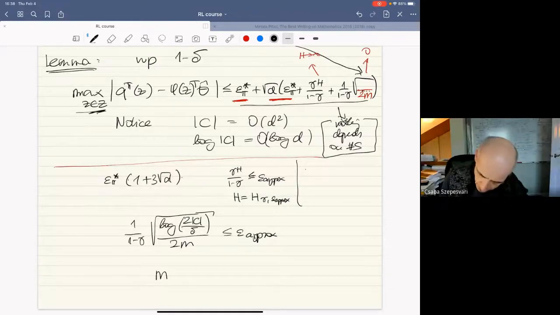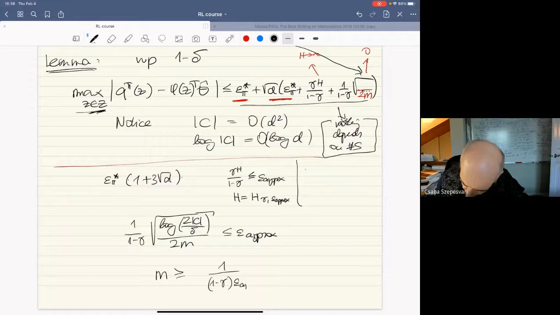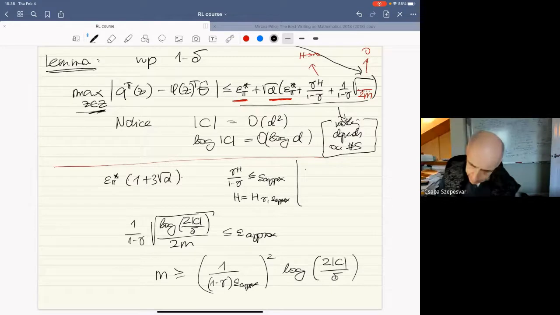You solve it for m, and you see that m should be larger than 1 over 1 minus gamma, over the approximation error, squared, times log 2c over delta.